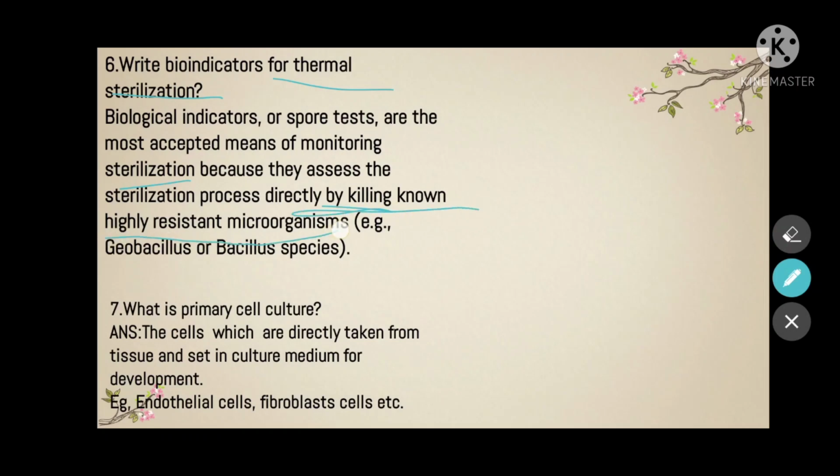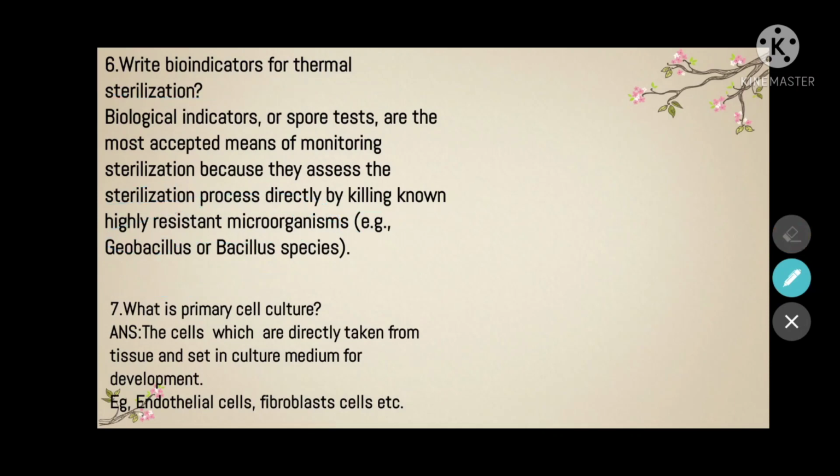It means if highly resistant microorganisms are present in our media or preparation, the bioindicators used for thermal sterilization can easily destroy those highly resistant microorganisms like Geobacillus or Bacillus species. Even though they have high resistance, they can be killed by these bioindicators of thermal sterilization.